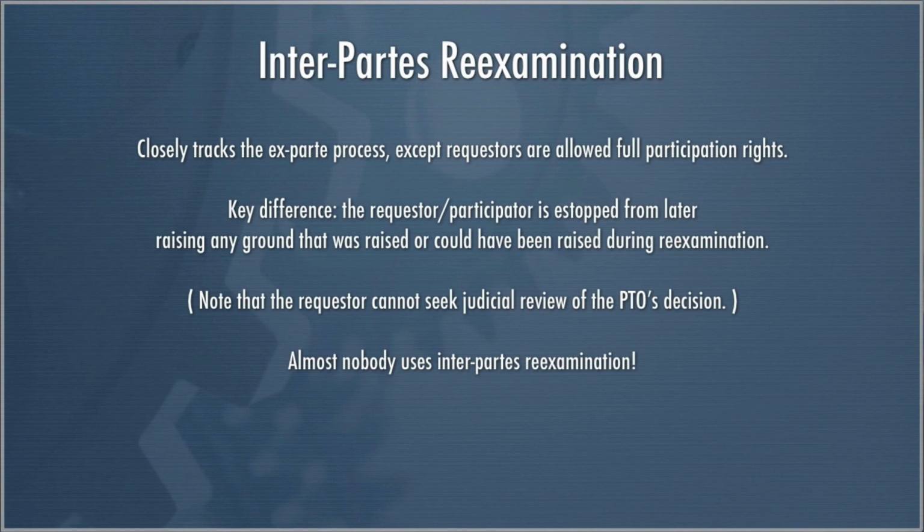Right? It's also key to note that the requester can't seek judicial review of the results of the inter partes reexamination, so you're sort of stuck with it. And that's another problem from the perspective of a requester. Right? So the upshot of this is that very few of these cases have actually happened.